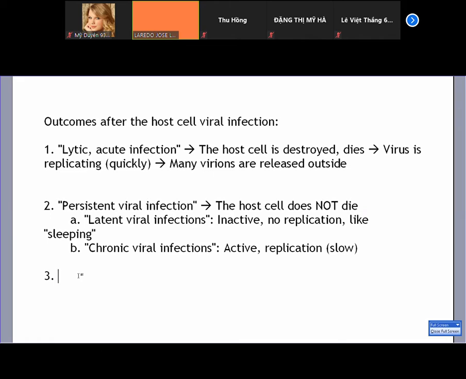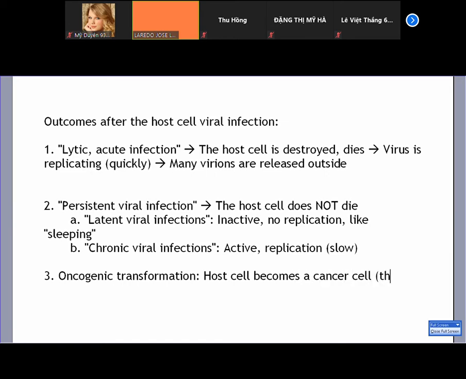And finally, we have another one. This one is also persistent, but a little bit different. So we study these outcomes separately. Oncogenic transformation. What is this? During the viral infection, the host cell becomes a cancer cell.